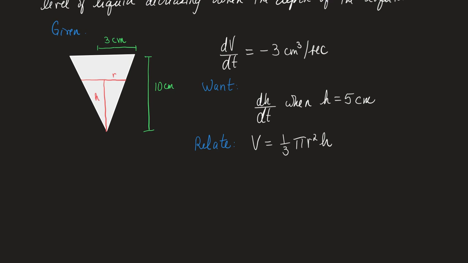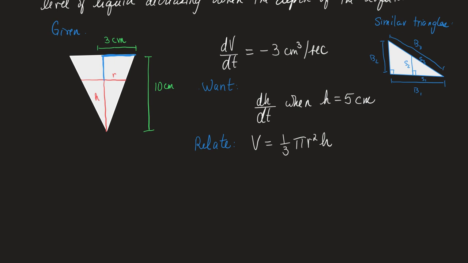Let's look a little more closely at our picture. If I draw a little further up here, I've got similar triangles. If I compare this large triangle and this smaller triangle, those two triangles are similar.